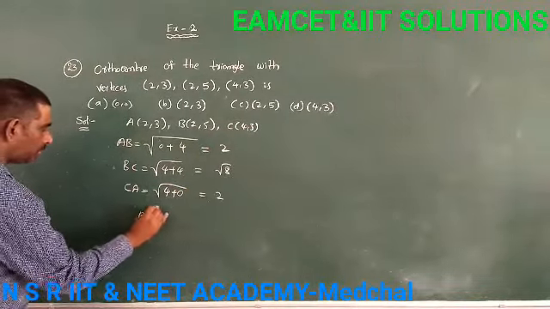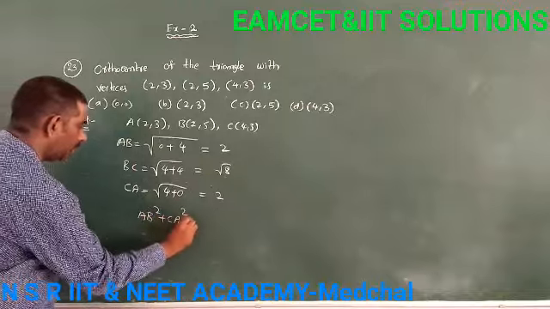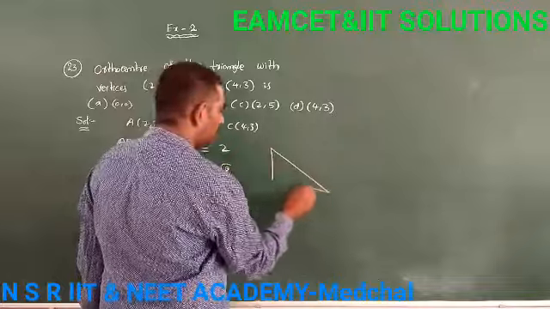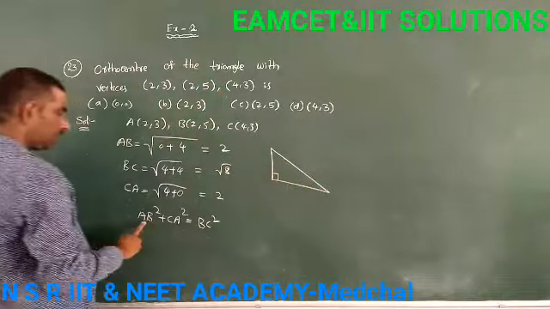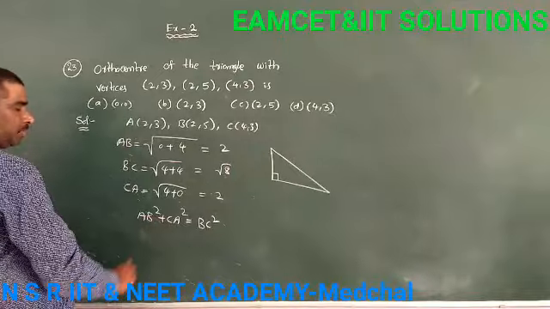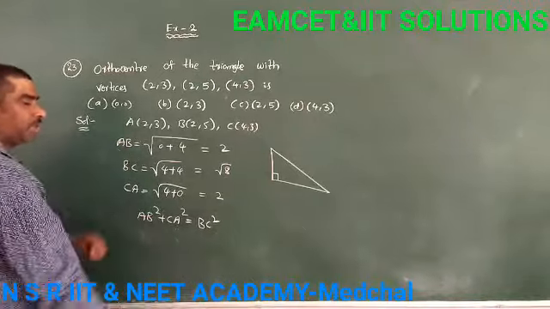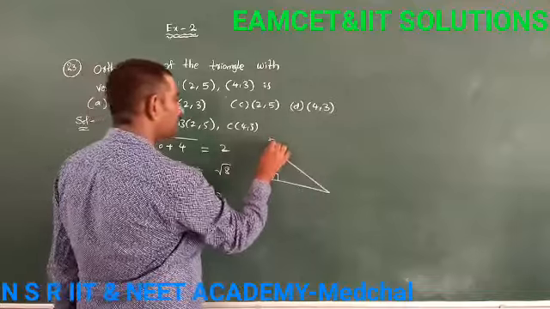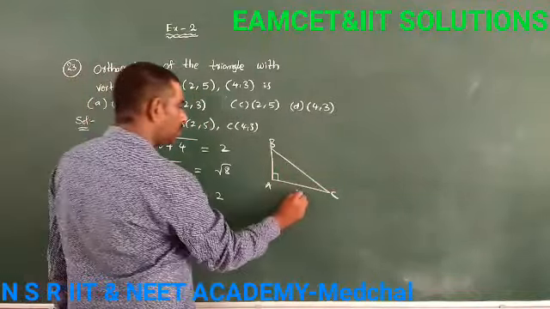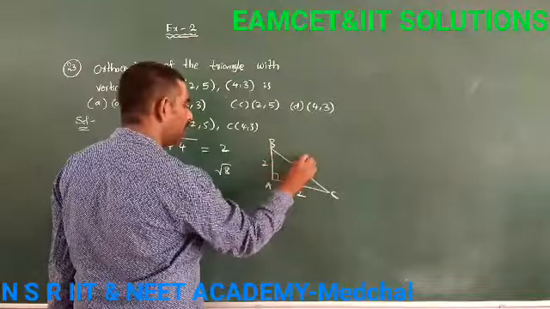So AB square plus CA square is equal to BC square. So the sum of the squares of the lengths of two sides is equal to the square of the third side. So here BC is the hypotenuse. So AC value is 2, BA value is 2 and BC value is root 8.